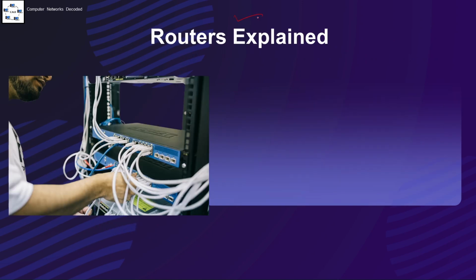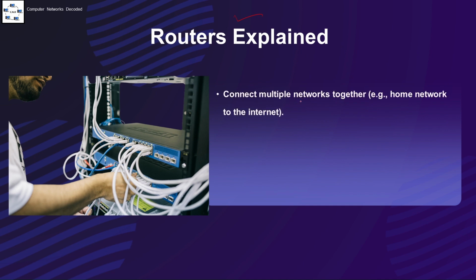First of all, routers. Routers connect multiple networks together. For example, when you are browsing the internet inside your home, your home network is connected to the internet, which consists of a lot of different networks. So you need a router to do this routing from your home network to the internet.